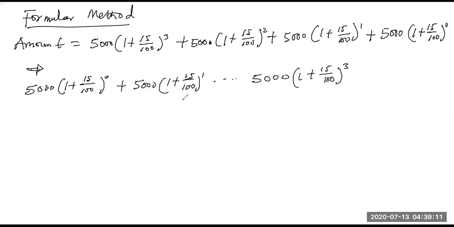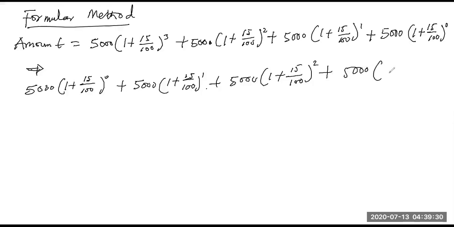Now, what do you notice here? Let me just insert the second one so that it will be easier to follow: plus 5,000 into 1 plus 15 over 100 raised to the power 2, then plus 5,000 into 1 plus 15 over 100 raised to the power 3. So I have put all of them. Now, this is in ascending order. What do you notice in this amount?